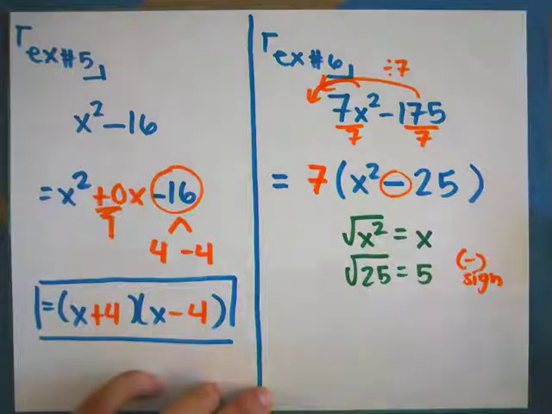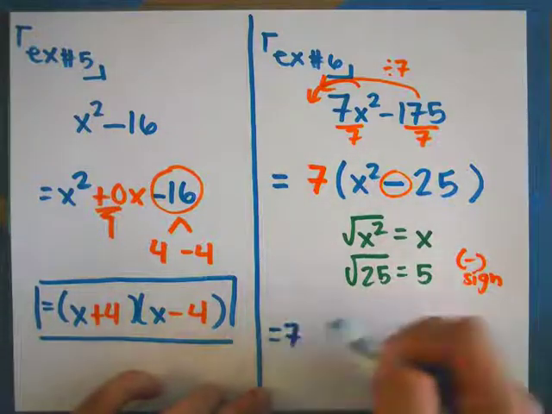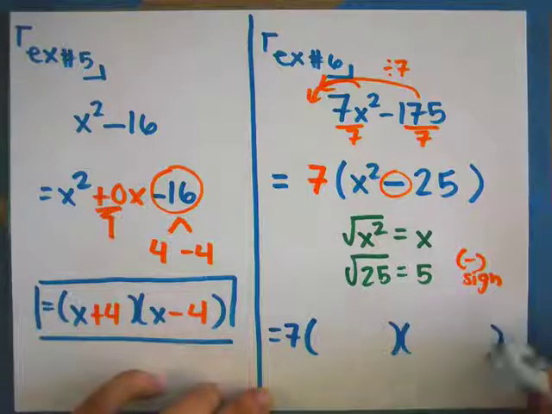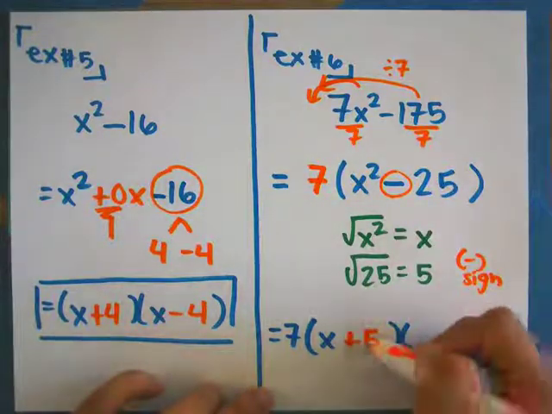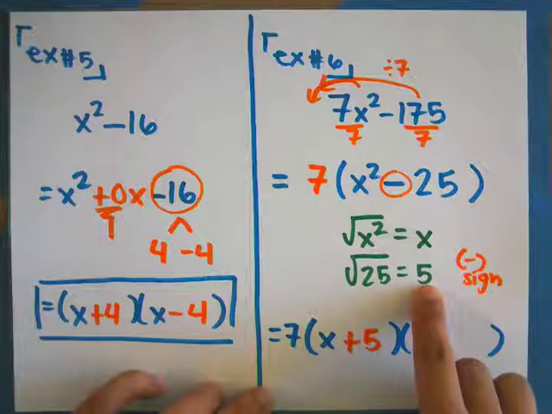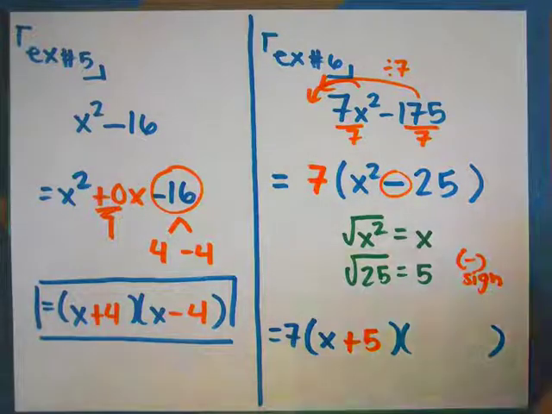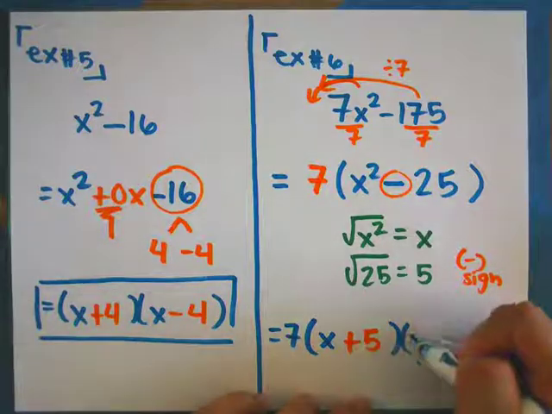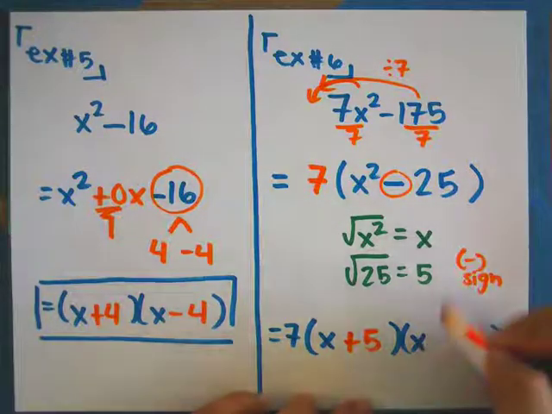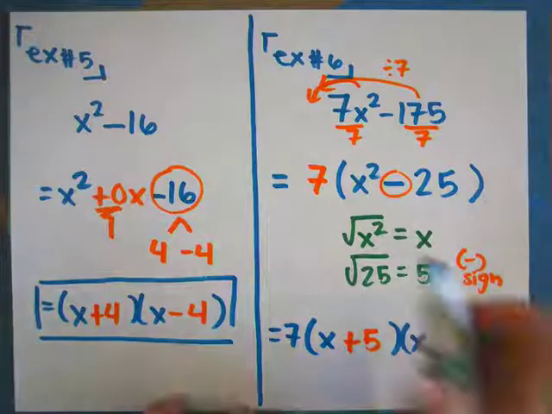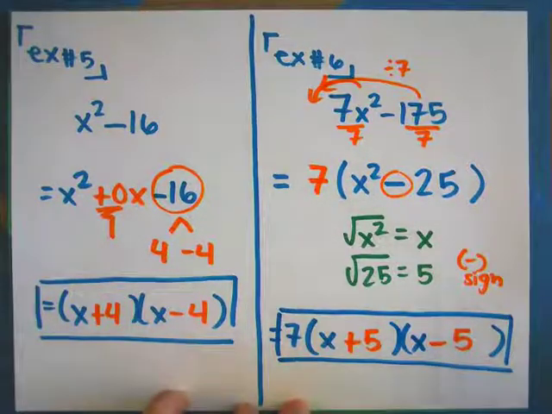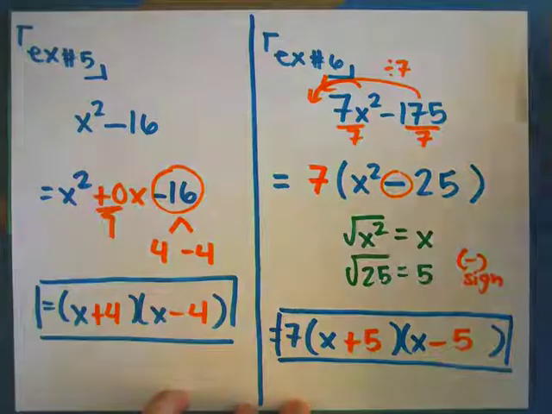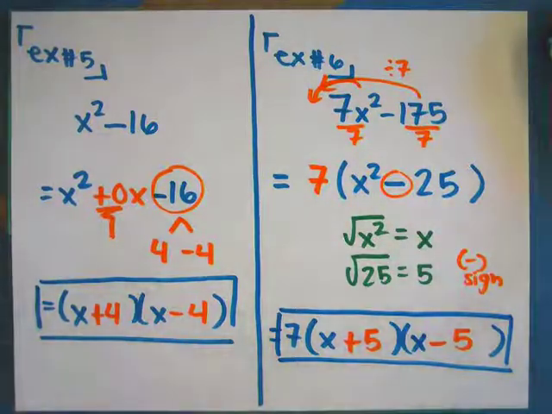So we can follow that structure of the difference of squares, where we're going to have x plus 5, the term that's already been square rooted, and then the other one will just be x minus 5. So you decide what method you want to do for difference of squares. One could be easier than the other depending on what you like, of course.